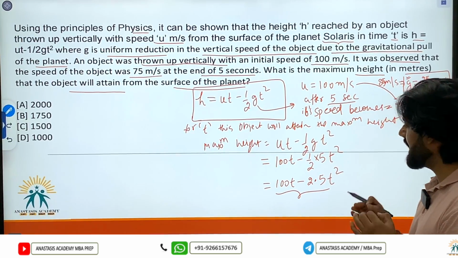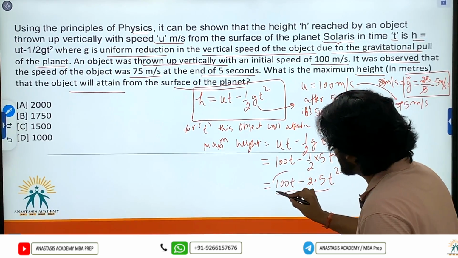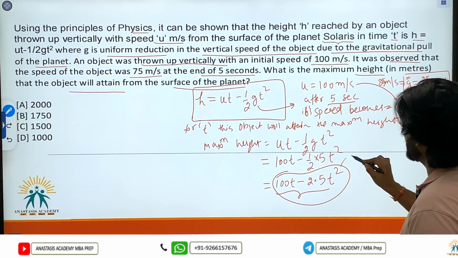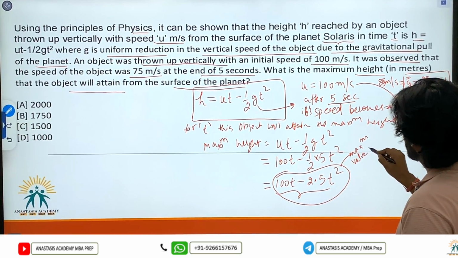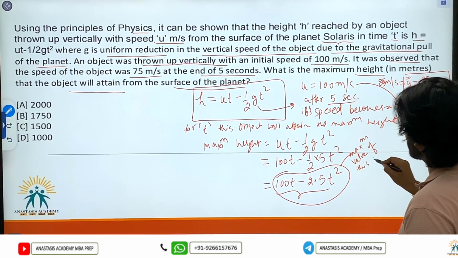So precisely we have to find the maximum value of this quadratic function.